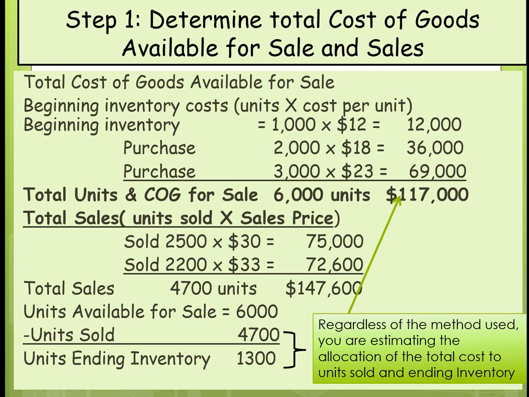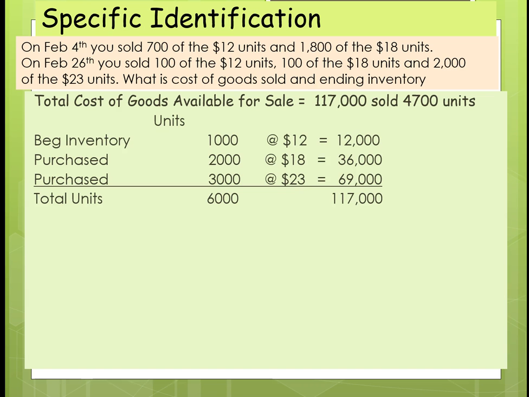So now let's go back to our problem. We sold these units at different times. On February 4th, we sold 700 of the $12 units, which left us with 300, and we sold 1,800 of the $18 units, which left us with 200.